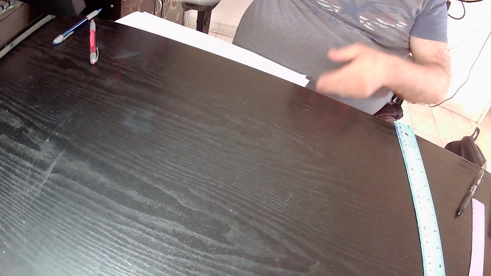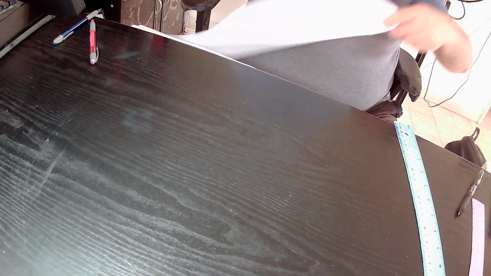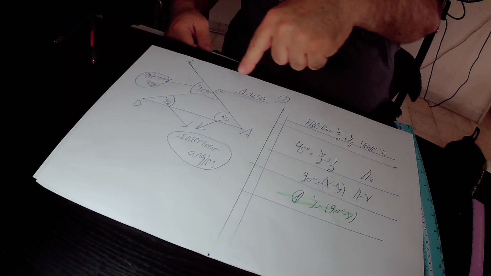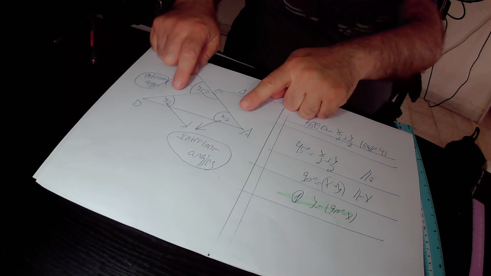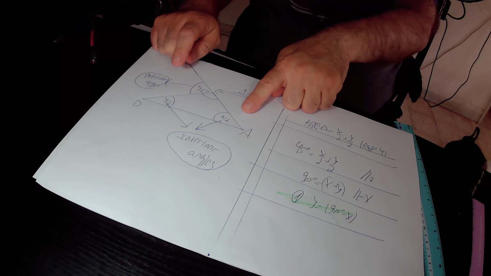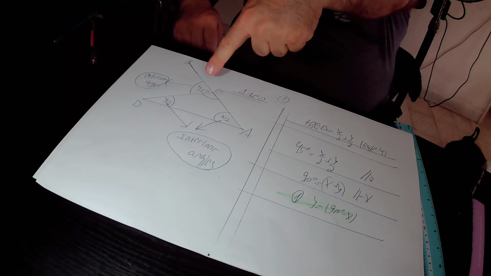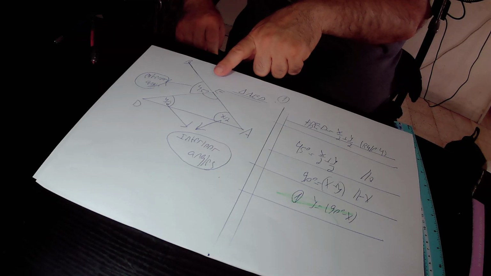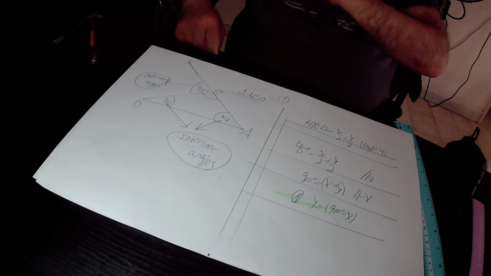Why? Because in our drawing we have triangle DEA, and those two angles x over 2 and y over 2 are both defined as interior angles. And this is angle BED, it is located outside triangle DEA, and therefore it is defined as an exterior angle.